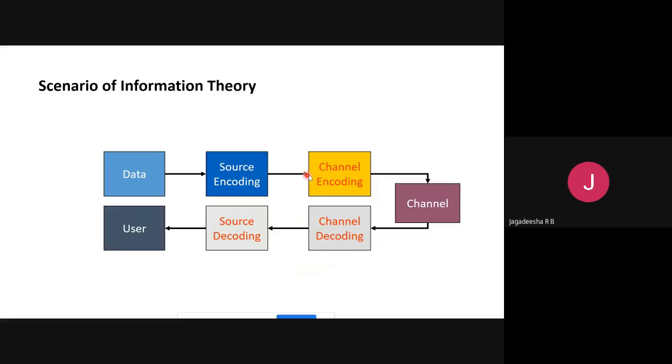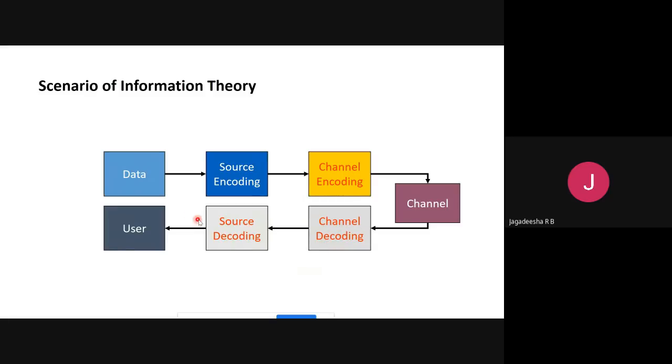And then in the channel coding, we will try to add some more bits so that even if the message gets transmitted through the channel and some noise is added, there will still be no problem with the message that we want to convey. At the decoding side, we will remove all those additional bits added here.